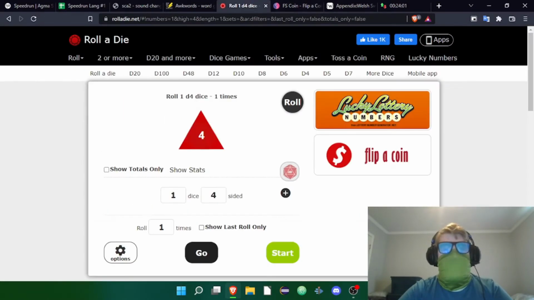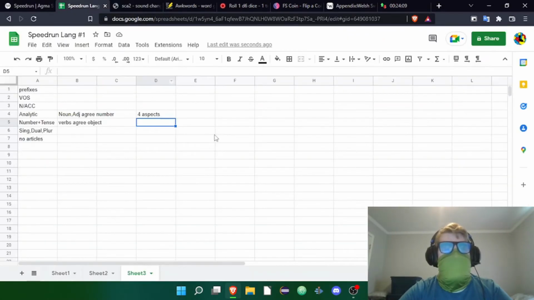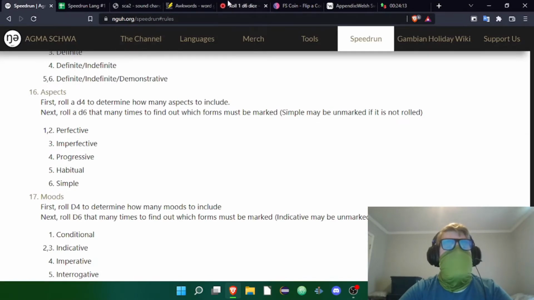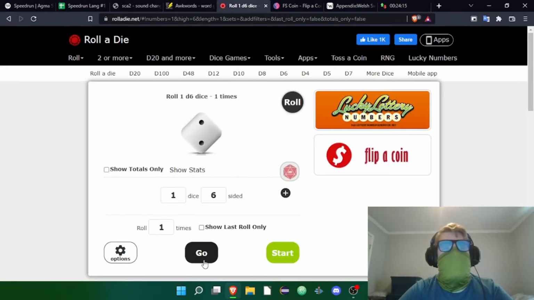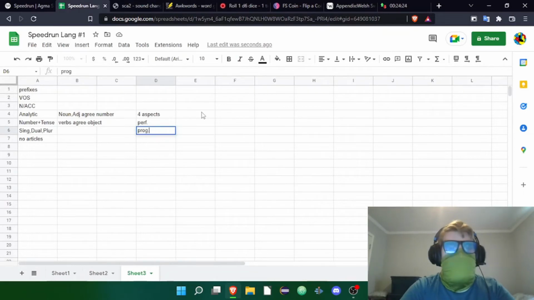We have to roll our d6. So first, we're including the perfective. Roll again. That's perfective again. We already have that. 4 is we have the progressive.